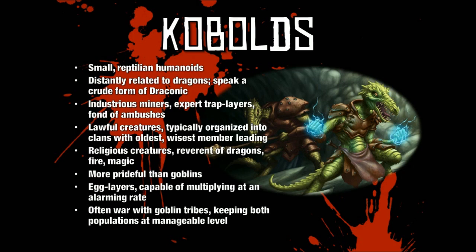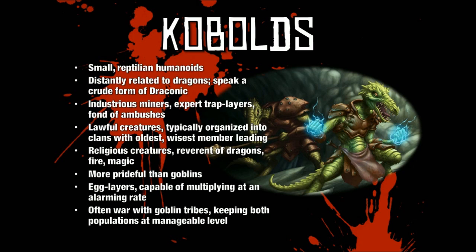They have scales and tails, and they don't have wings or anything, but they definitely look like a cross between a lizard and a small dog. Think like a chihuahua or a greyhound if it was covered in scales and was carrying a spear. Because of this, they speak a crude form of Draconic. So they do speak Draconic, but it's sort of like low Draconic, like they sound like yipping dogs when they speak it.